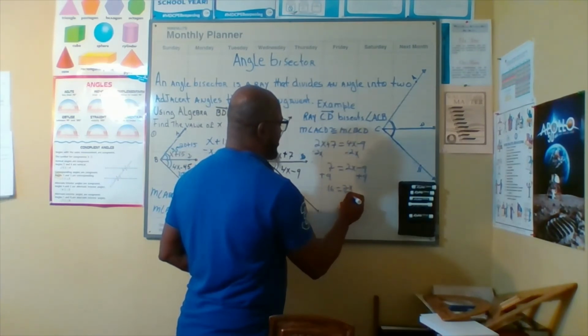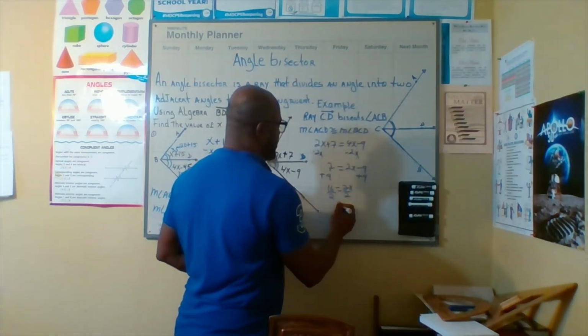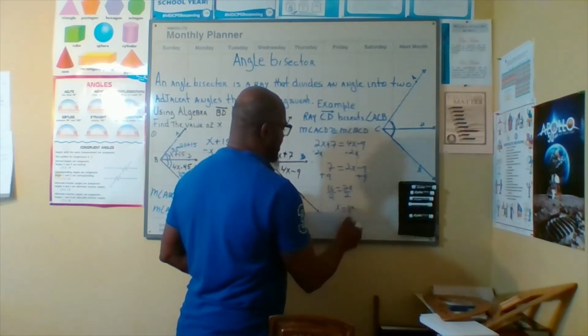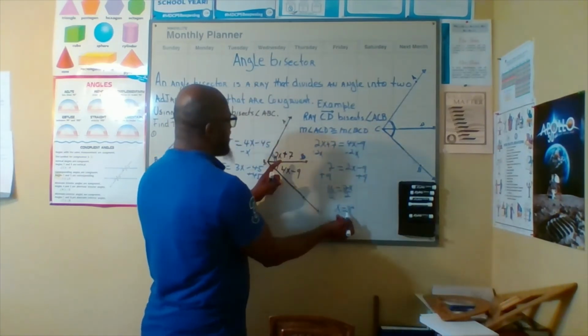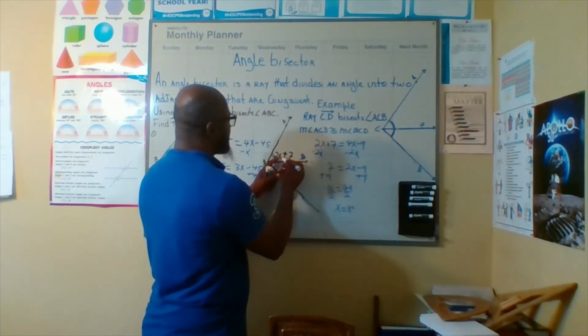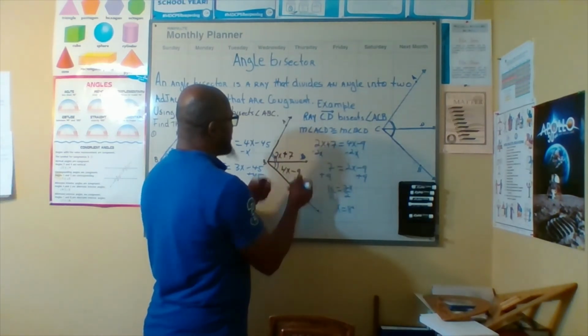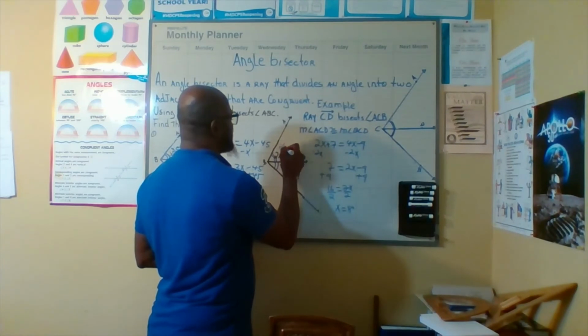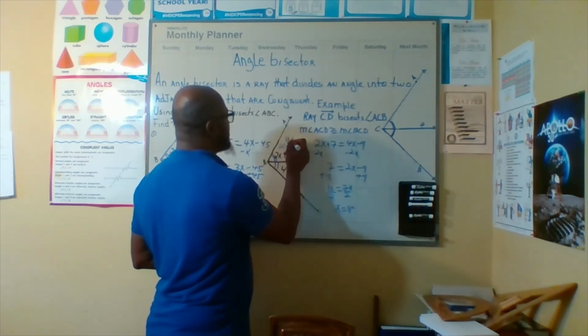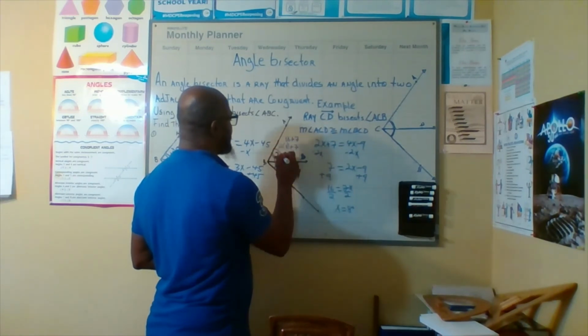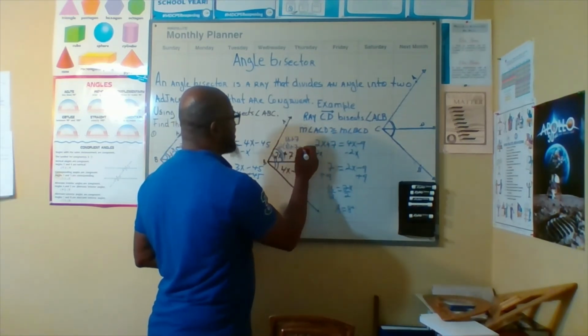Divide both sides by 2, in this case x will be 8 degrees. So I can do 2 times 8 is 16, 16 plus 7 is 23. This angle is 23 degrees.